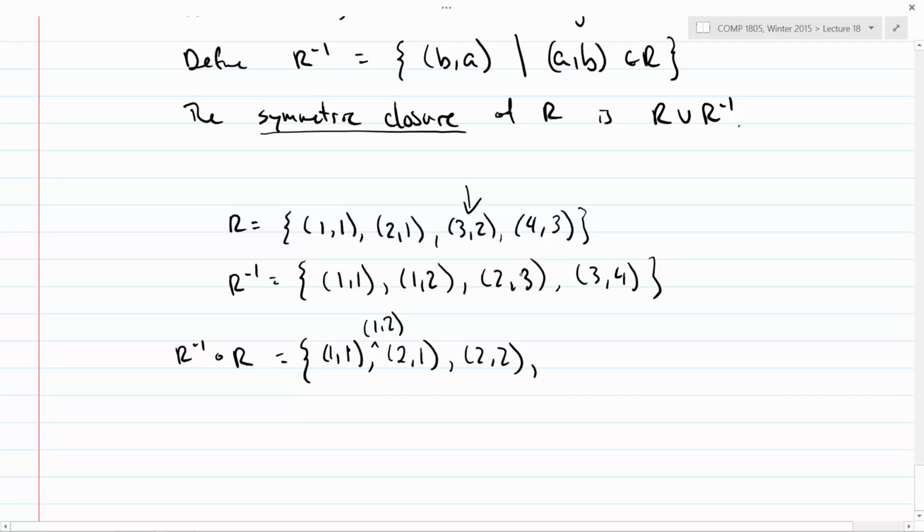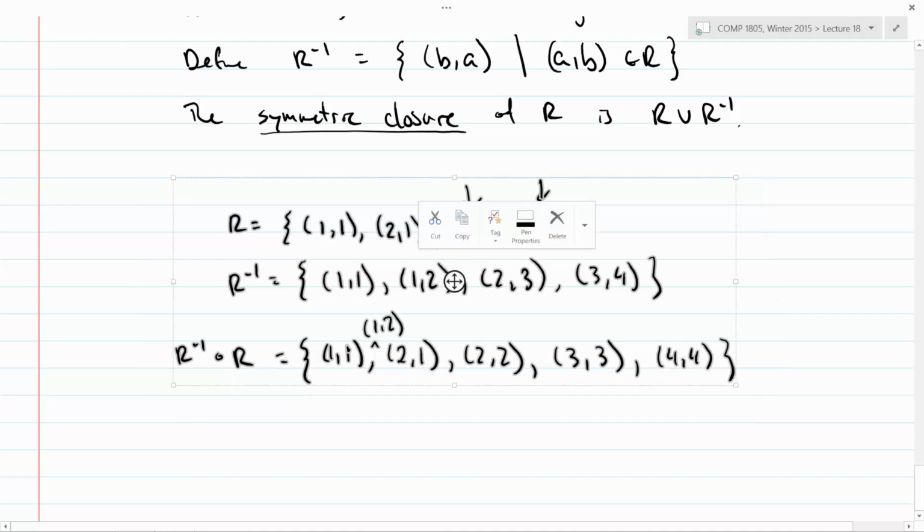I have (3,2), (2,3), so I get (3,3), and nothing else. And I go to the last one, (4,3). I have (3,4), so I get (4,4). So that's not nothing, and it's not everything. It does have one property: it is going to be symmetric, and it's also going to be reflexive. So you don't get anything particularly interesting in this case. But that's a good question.